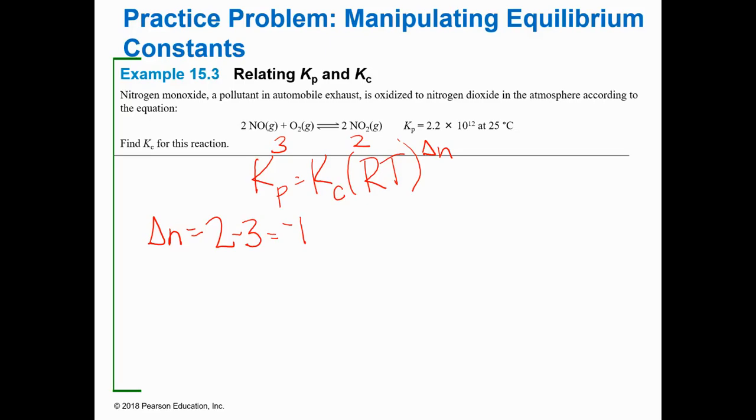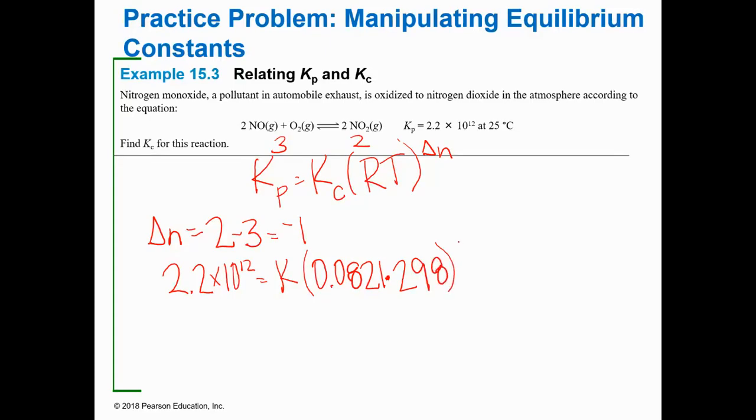All right, so I've got Kp is 2.2 times 10 to the 12, and that's equal to Kc, which I'm looking for. And I've got R 0.0821 times 25 Celsius, which is 298 Kelvin, and that's to the -1 power.